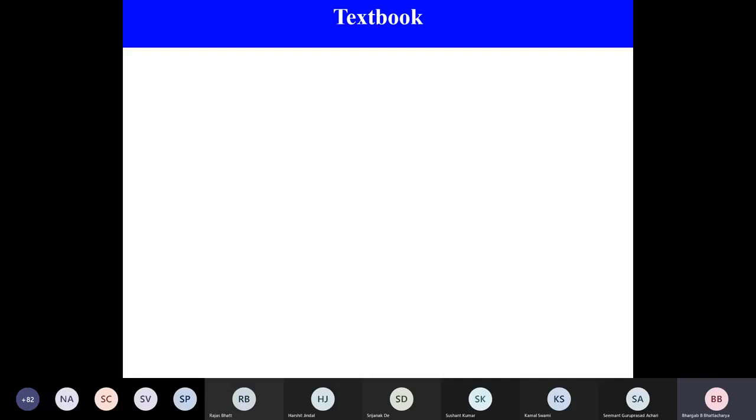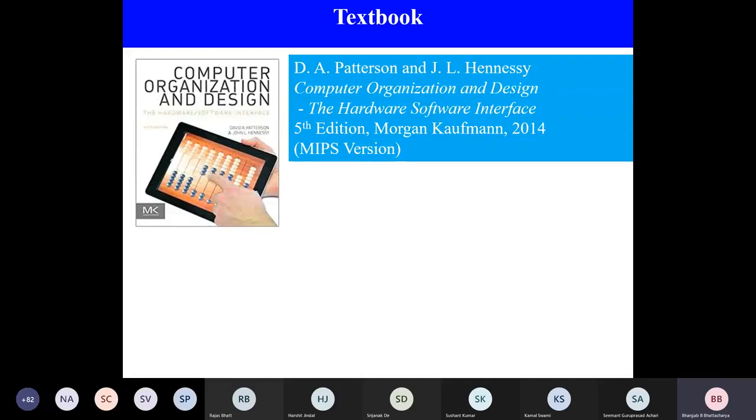Okay, so regarding the textbook, we follow this very famous book, Computer Organization and Design by David Patterson and John Hennessy. Interestingly, this book has been in the computer curriculum for more than 20 years. The first edition was published more than 20 years ago, and till now this has been one of the very good and widely accepted textbooks all over the world.